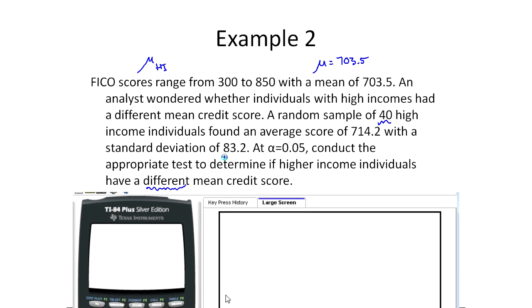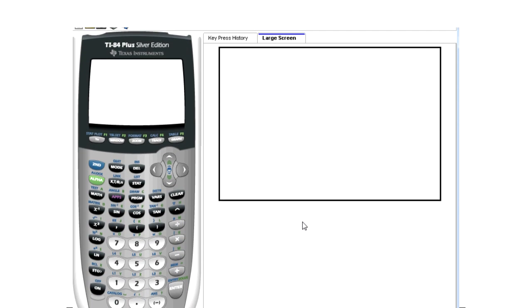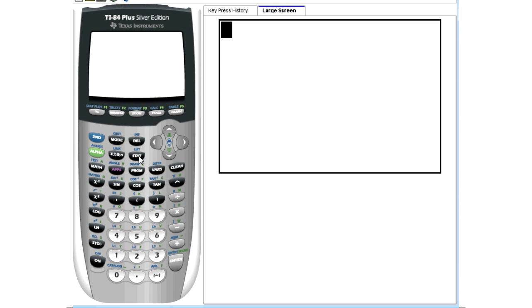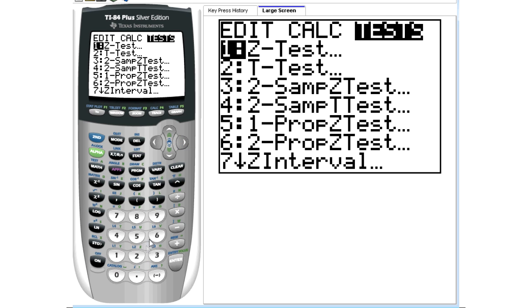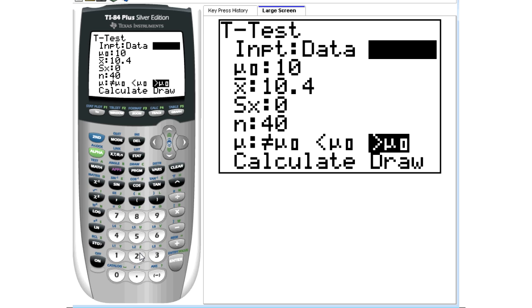When I go into the calculator, I'm pressing stat, go to test just like before. I go to number 2 this time, t-test. Notice the information is very similar to what it asked me when I did a z-test. So I highlight stats because I already have the numbers calculated. Then mu naught comes from the hypotheses, so that's 703.5. This time it's asking for S. S in this case is 83.2, the sample standard deviation.